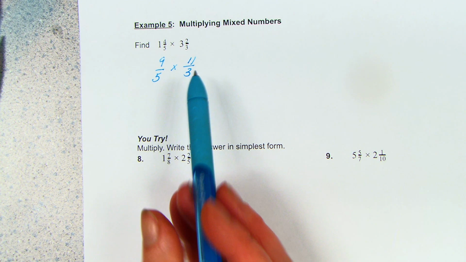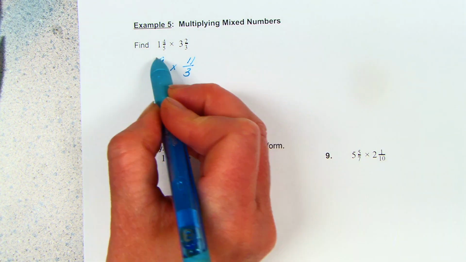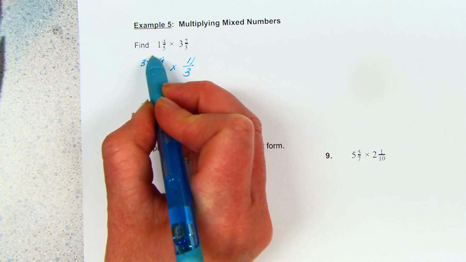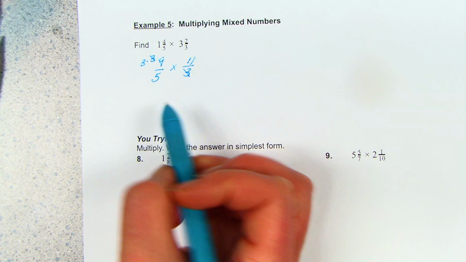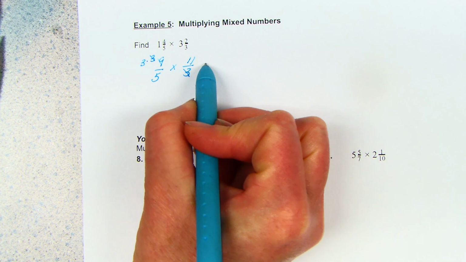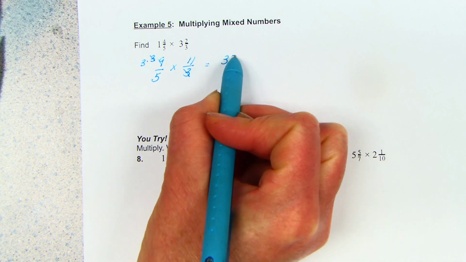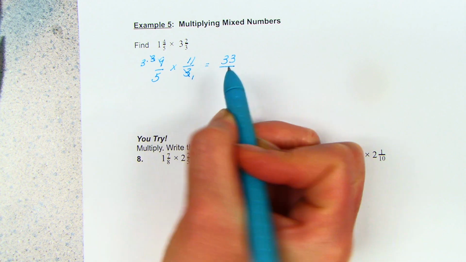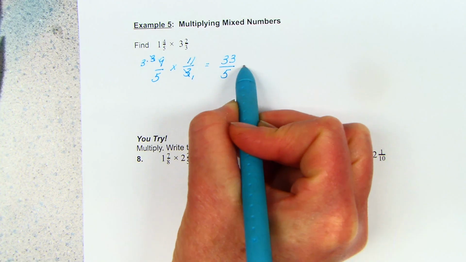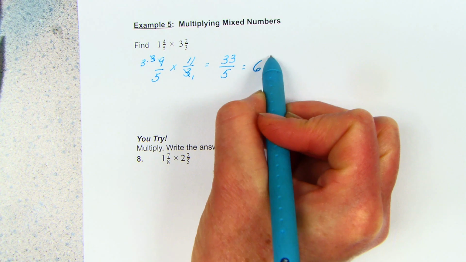Check to see if you can cross cancel. Yes, we can. 9 is 3 times 3. So I can cross out a 3 there and there. And then 3 times 11 is 33, and 5 times 1 is 5, which is 6 and 3/5.